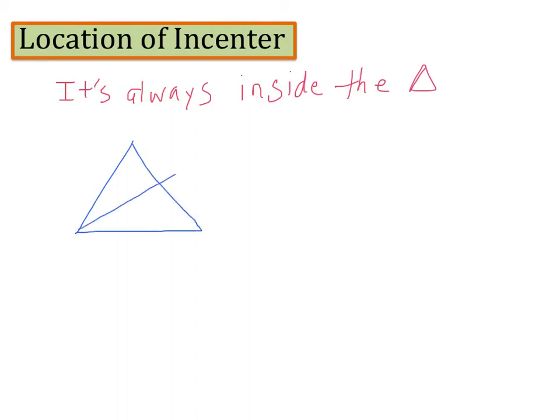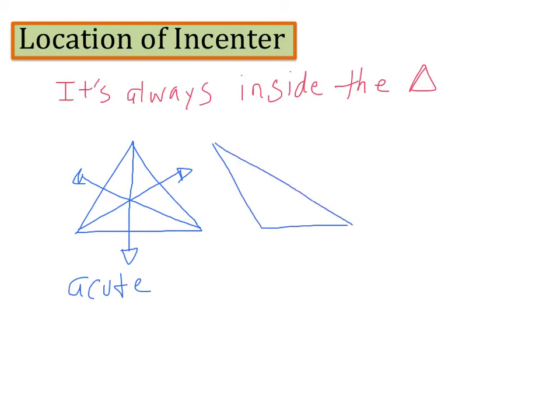Now if these are all angle bisectors, I realize that for the acute triangle, it looks very similar to the perpendicular bisector one. But for acute, it's always on the inside. Now let's look at an obtuse one to get a better idea of what this is like. So the angle bisector here, this splits these two angles. So that one looks similar to the perpendicular bisector one.